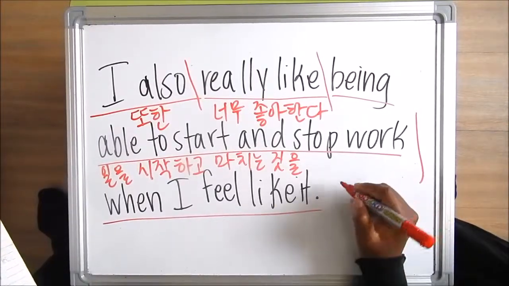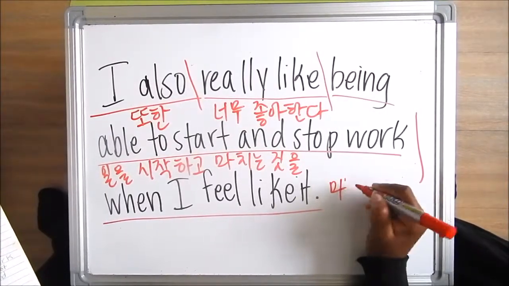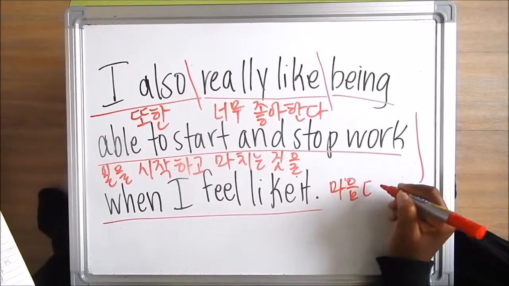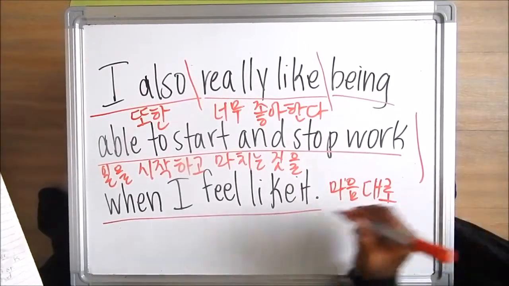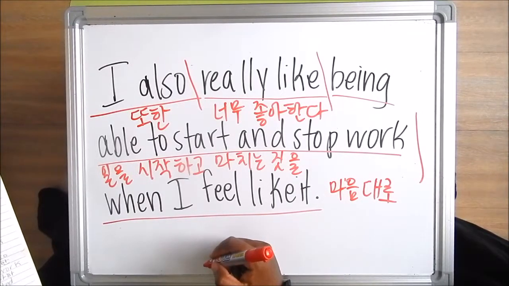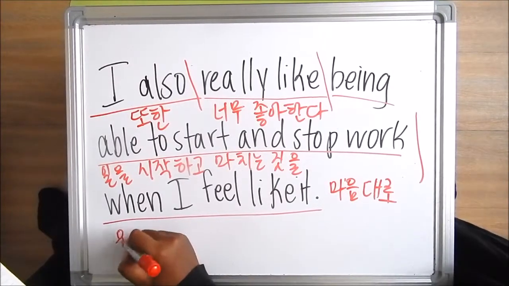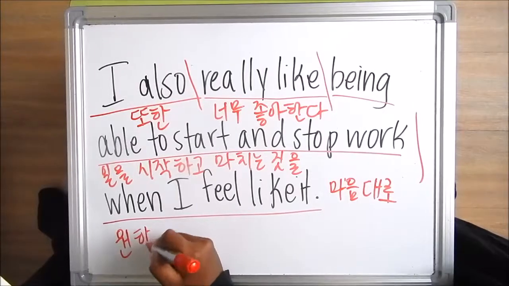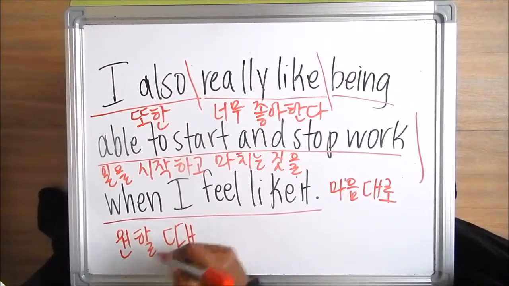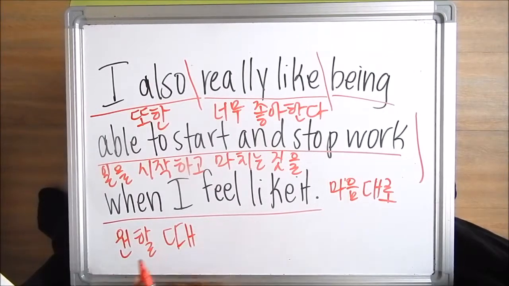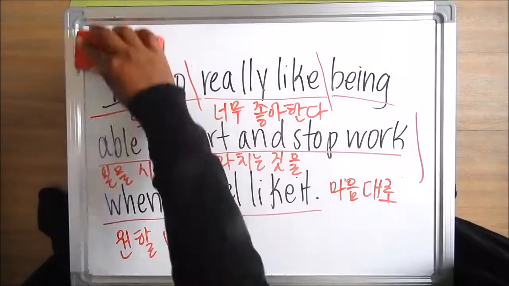And in Korean, when I feel like it is like 마음대로, to do whatever you want, according to your heart. But in this one, my tutor actually used 원하다 할 때. So 원하다 means to want. 할 때. So when I feel like it literally means 원할 때, when I want, which makes a lot of sense.